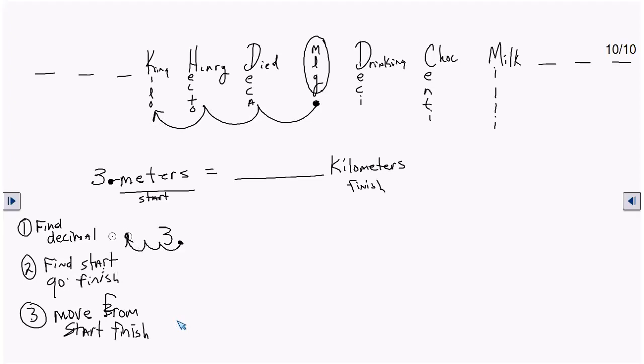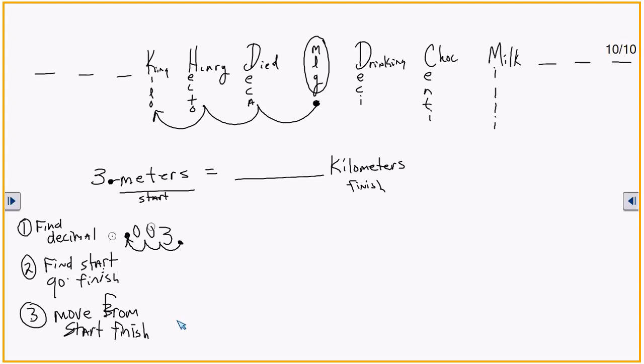I'm going to put the decimal there, and I put zeros right here. So 3 meters is equal to 0.003 kilometers. And that's how you use the metric system. That's how you convert from meters to kilometers.